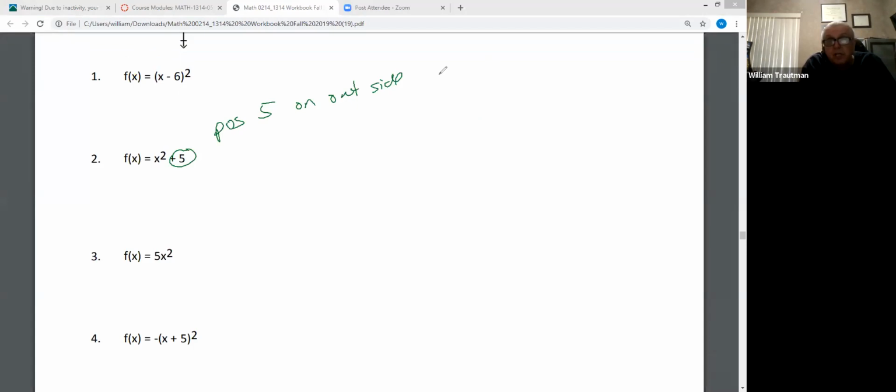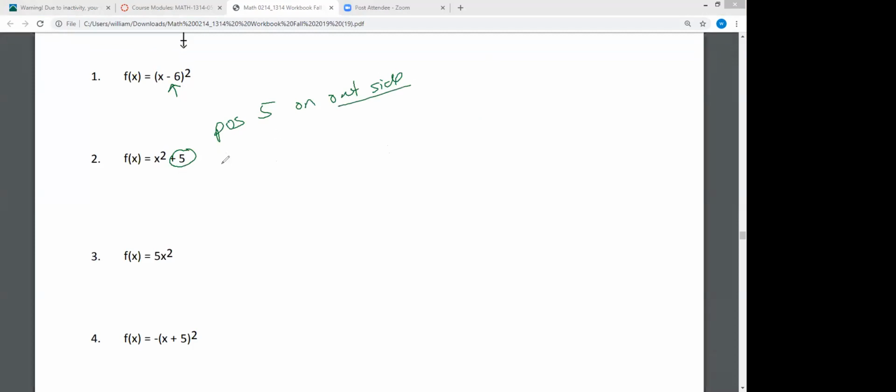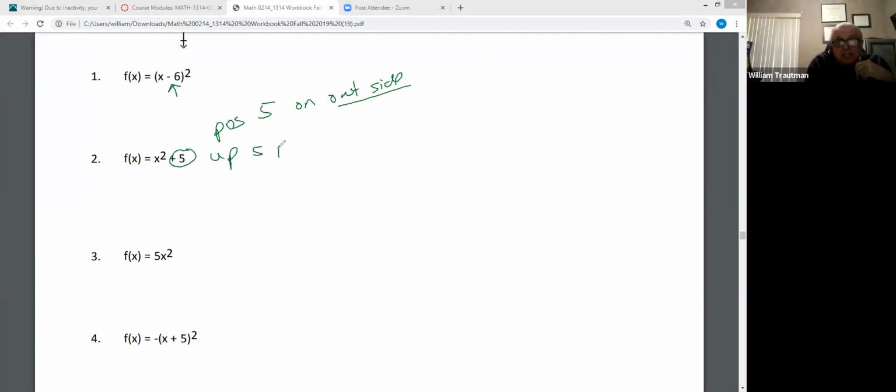Wait, Matilda, did you answer this one? This was a -6 on the inside. This is a +5 on the outside. It moves it up. Yeah, it moves it up 5 places. A +5 on the outside moves it up. Okay.